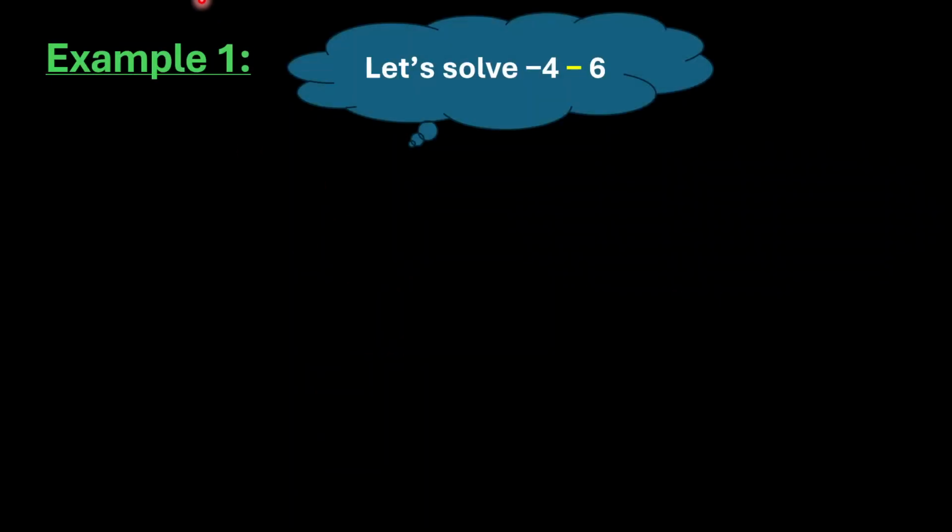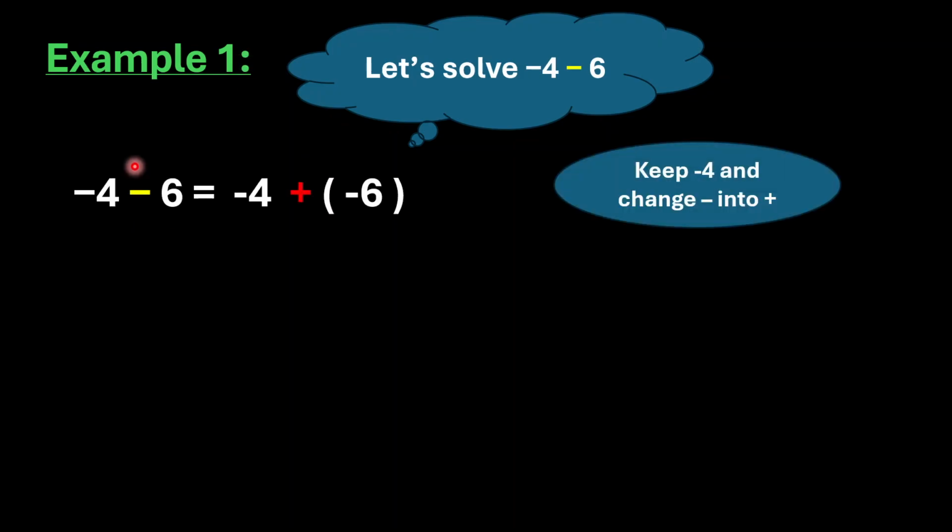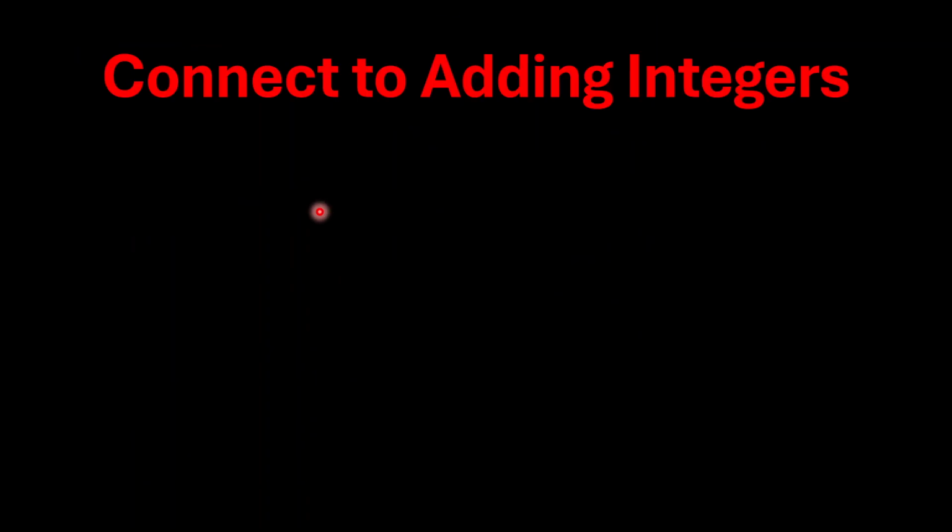Sorry, here it's example 2, not 1. We change the subtraction into addition, which means we connect subtraction to addition. If you understand addition, it's easy to subtract integers.